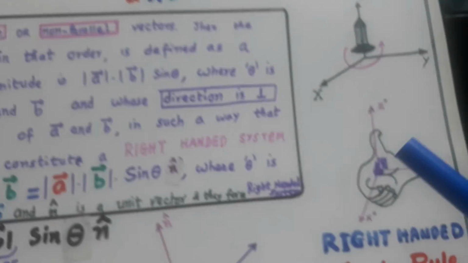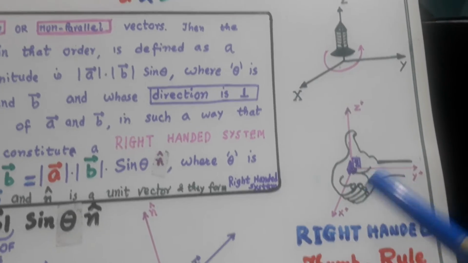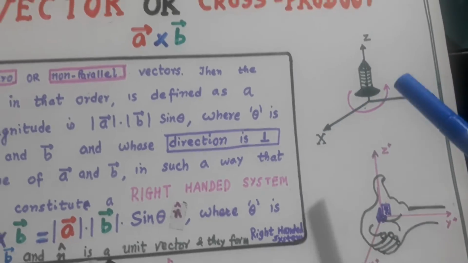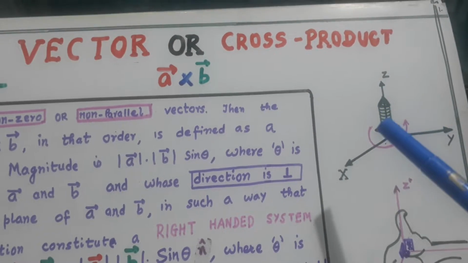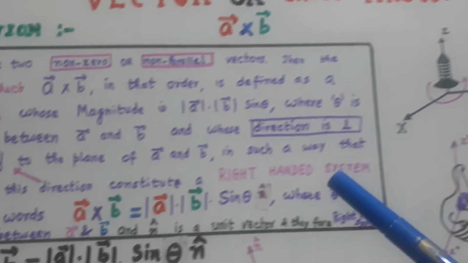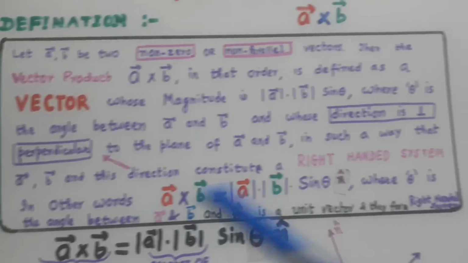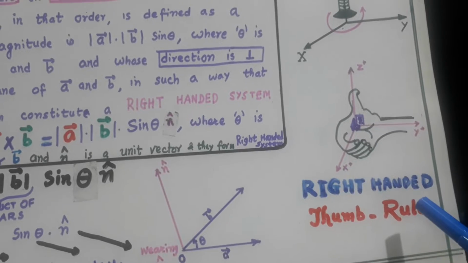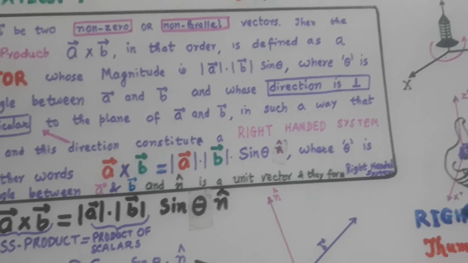Now look here. This is the right hand thumb rule. One vector is on this side, the other is on this side, and the resultant, that is the cross product, is perpendicular to both of them. It is the right-handed system. That is the right-hand thumb rule.